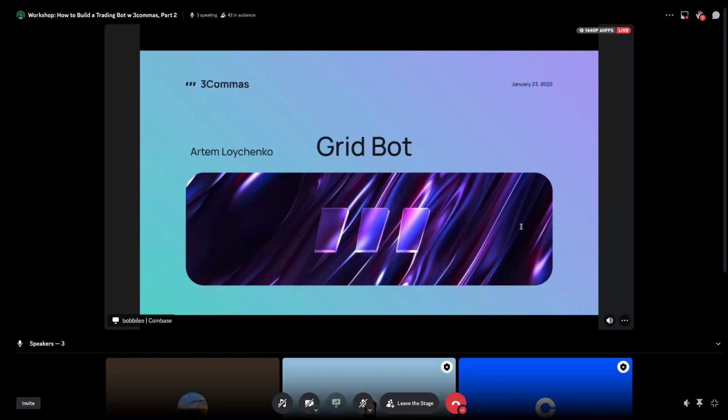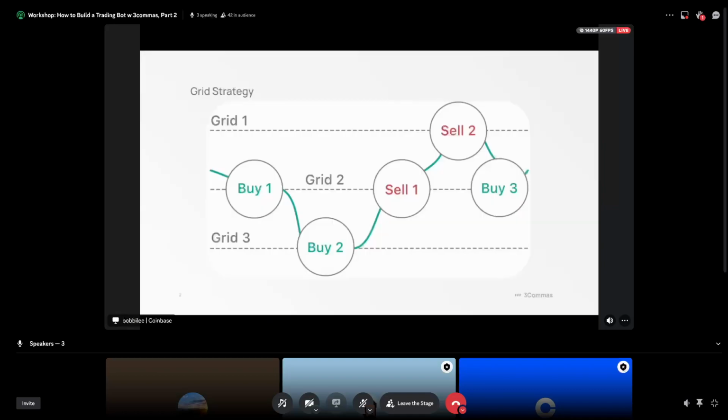So let's speak about how Gridbot is actually working and what the strategy is. Imagine you have a price range for an asset. Say the price is moving between two grid levels, let it be $10 and $20. So a grid bot divides this range into several levels or intervals, like here, you can see on the slide.